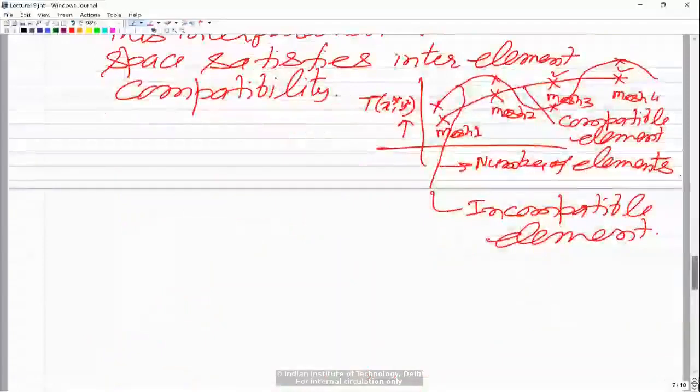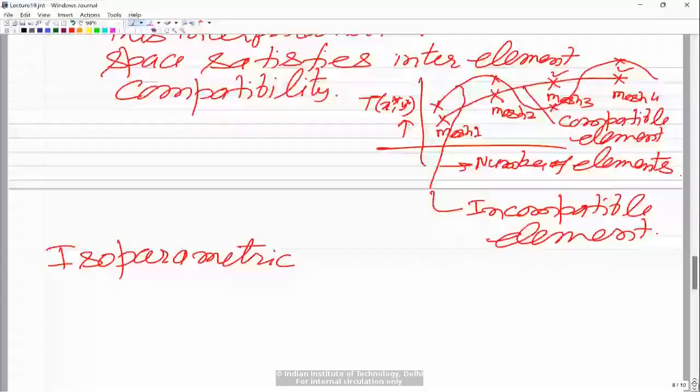So let me define what is isoparametric formulation. This is specific to this natural coordinate space formulation.